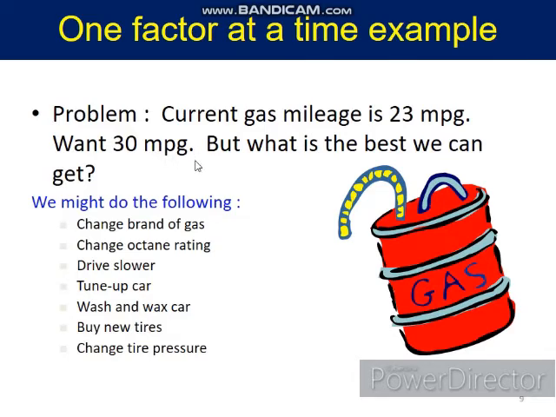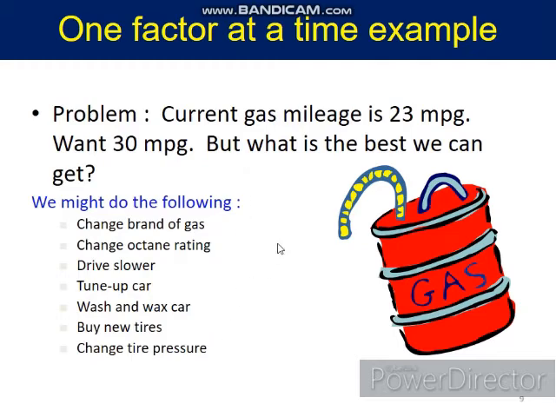The objective is to maximize the miles per gallon of a car, and we might do the following to maximize it: change brand of gas, change octane rating, drive slower, tune up the car, wash and wax the car, buy new tires, change your tire pressure. These are examples of the factors that could influence the miles per gallon performance of a car.